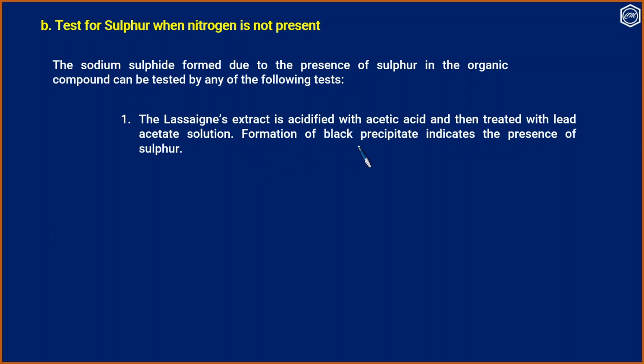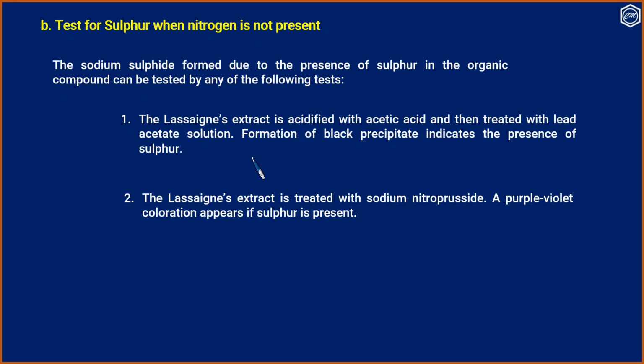The formation of a black precipitate indicates the presence of sulfur. Second test is to the Lassaigne's extract, we add sodium nitroprusside. If a purple-violet coloration appears, that shows the presence of sulfur.